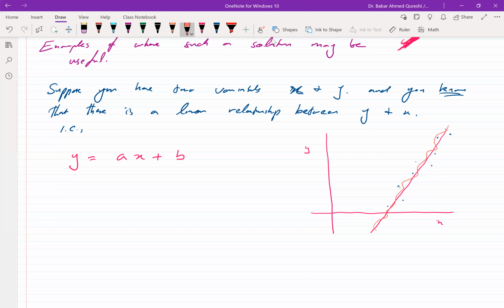So given the data, you want to find what line best describes this data. What linear relationship best describes this data? So when you ask this question, you are looking for what line best describes the experimental data?